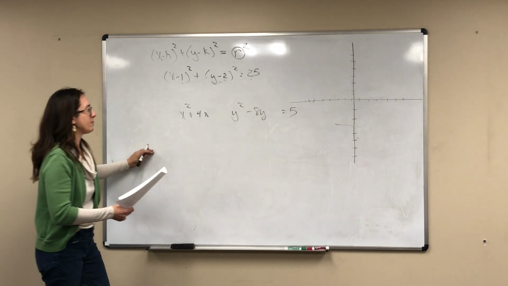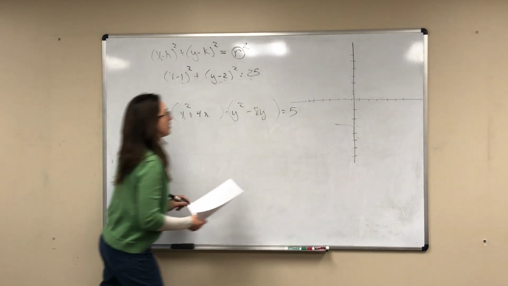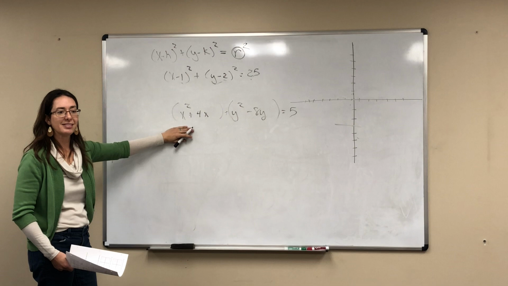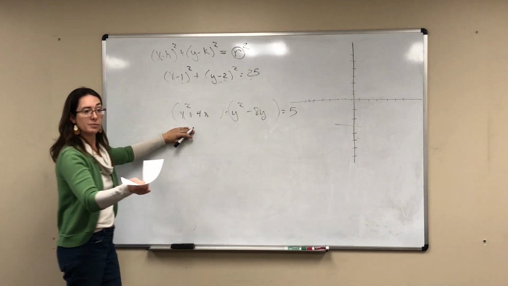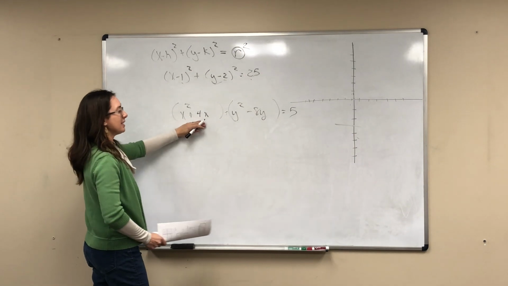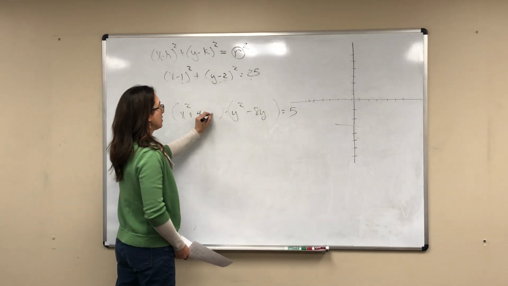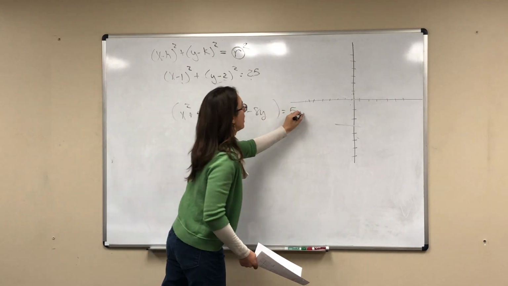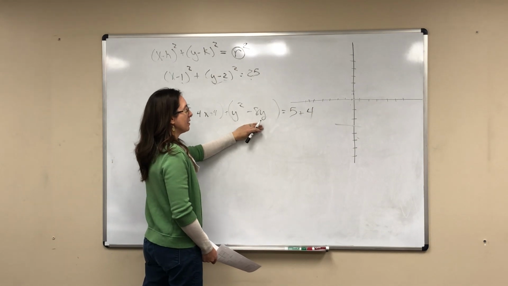Okay, we're going to group and then complete the square. So what's next, Nathan? How do we complete the square? Half squared, 2, 4, added on both the left and right side. 4, 16.